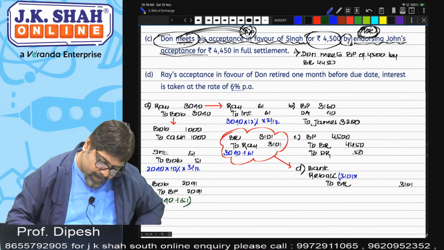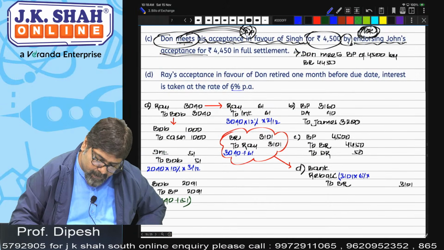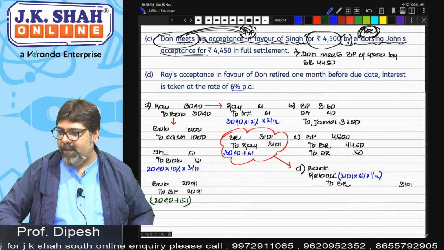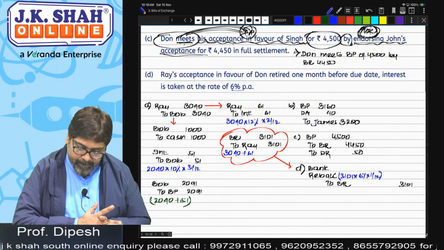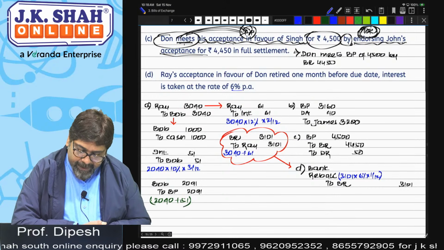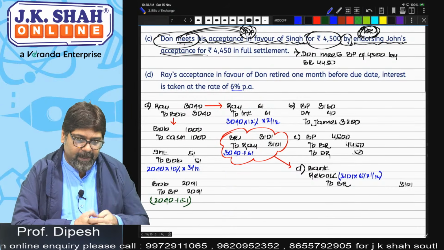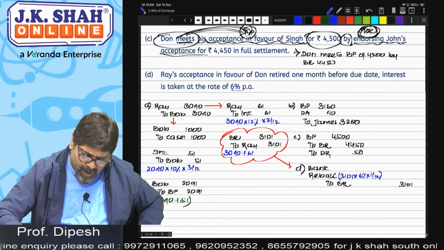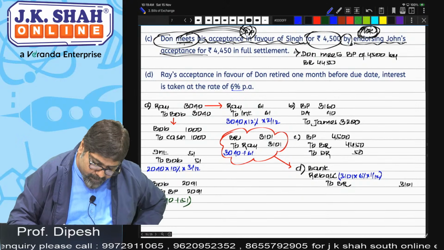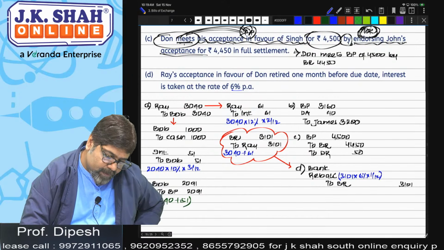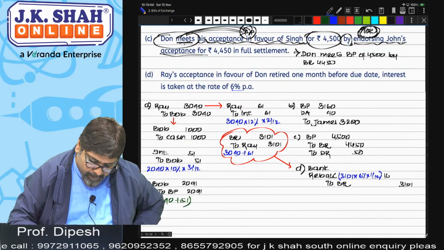Rebate is 6% into 1 by 12. 3,101 into 6% into 1 by 12. Rebate comes to how much? Rebate comes to 16.